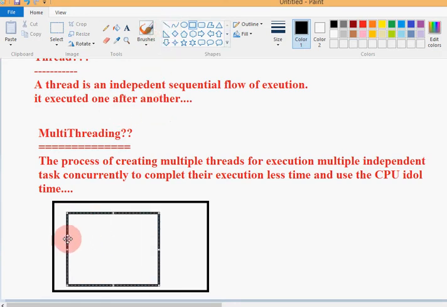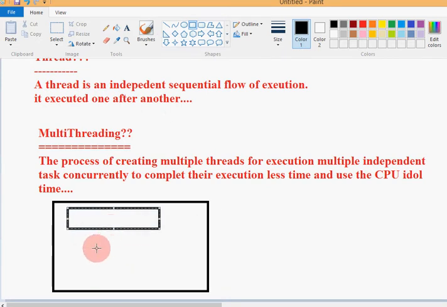There are two or three threads, here is one thread, another thread here, and another thread here.